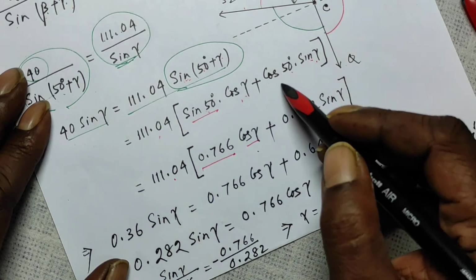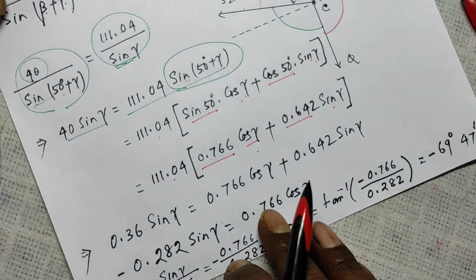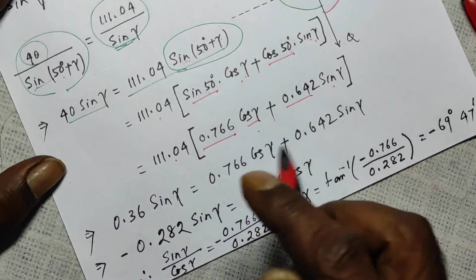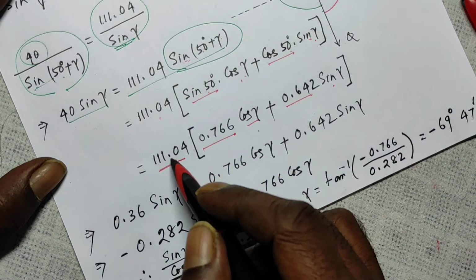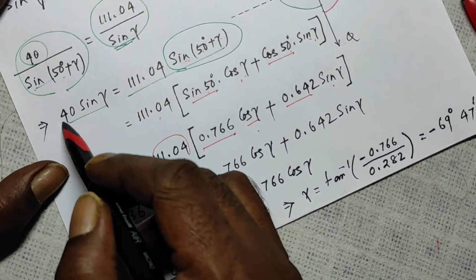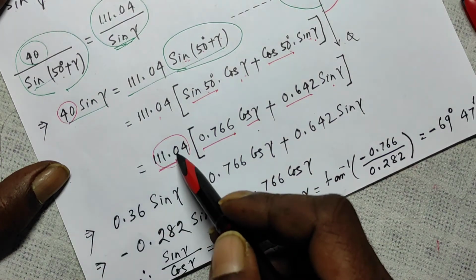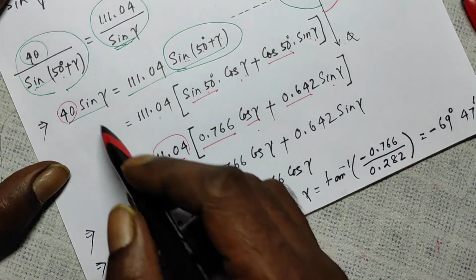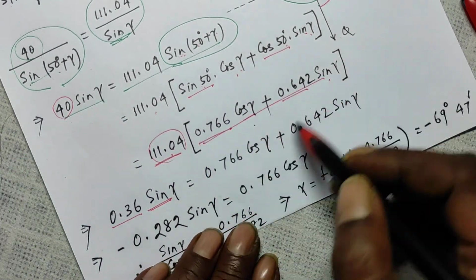Put the value of cos 50, it is this much. This term is multiplied here, 111.04. So bring it to the left hand side and divide by 40. So 40 divided by this gives you 0.36, sine gamma remains on sine gamma, and this remains as such.